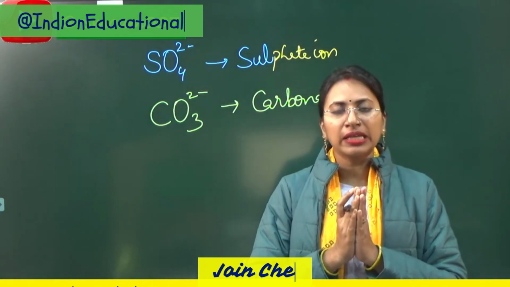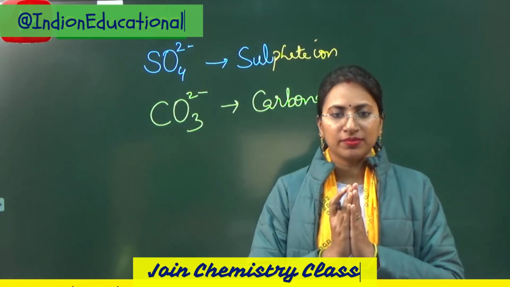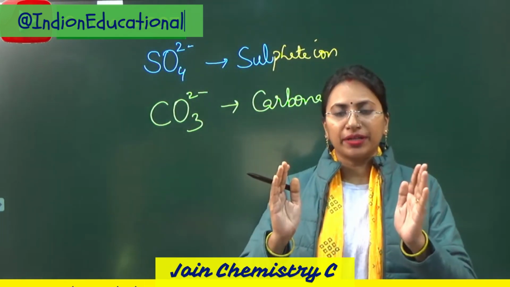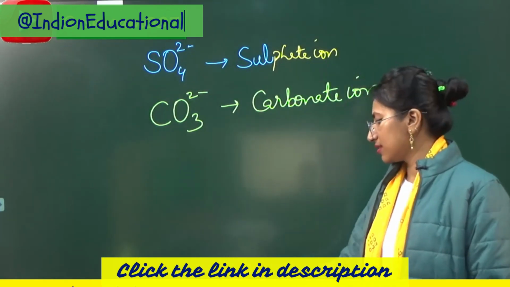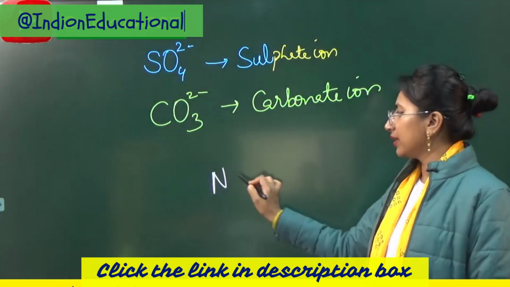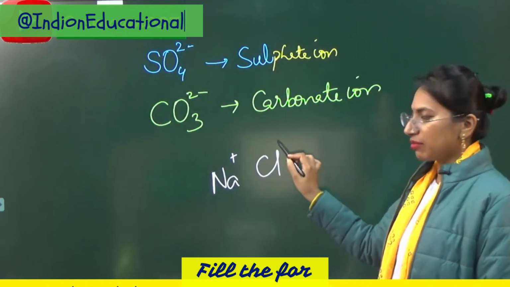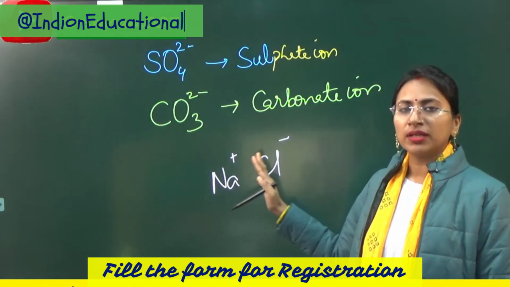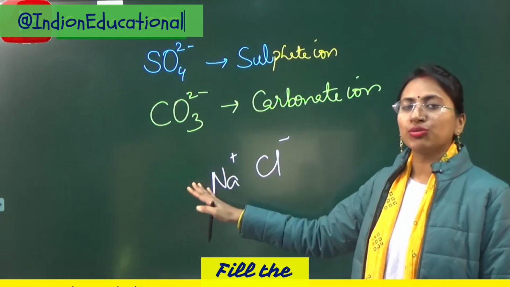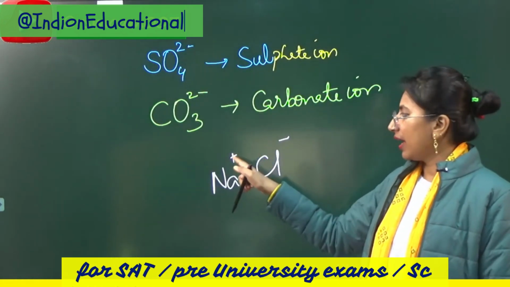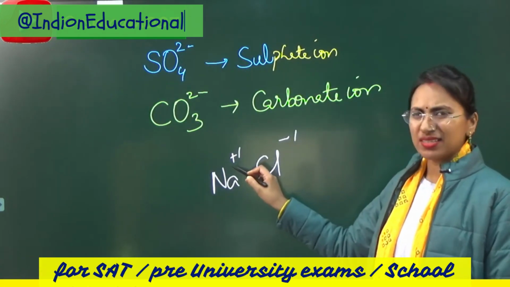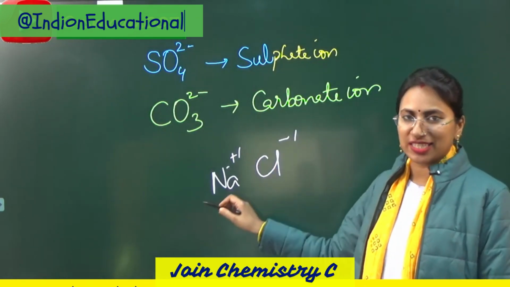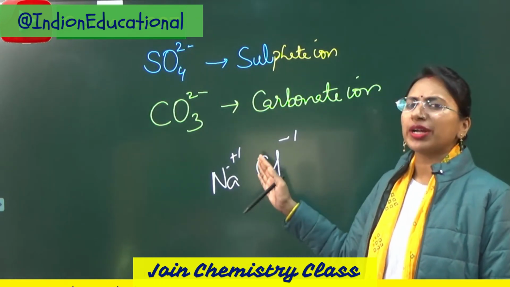Like NaCl, sodium chloride. Na has a single charge: Na plus, Cl minus. It will be termed as sodium chloride. Valency is the same here, so we crisscross the valency. We don't need to write 1 1 here.